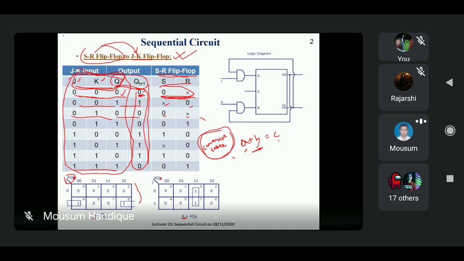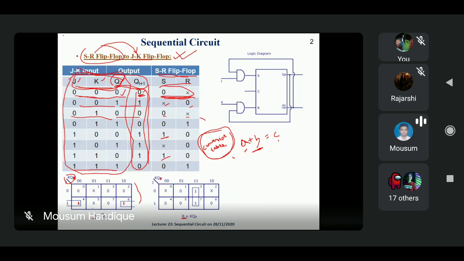When J is 1, K is 0, and Q is 0, that is 1 0 0, here I am writing 1. And when J is 1, K is 1, and the present state is 0, that is 1 1 0, here I am writing 1. All other parts are 0, and where don't care terms are there, we use the don't care terms.